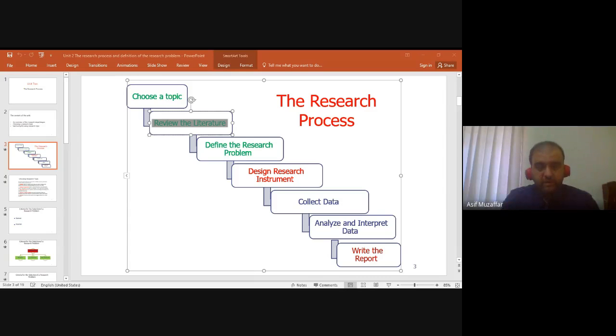Introduction is the second part. Introduction tells you why the researcher conducted this research. This is the motivation of the research. So introduction is actually the motivation of the research. In any journal article, you will find an abstract and an introduction. Just read these two parts and you will know what is inside that research paper.